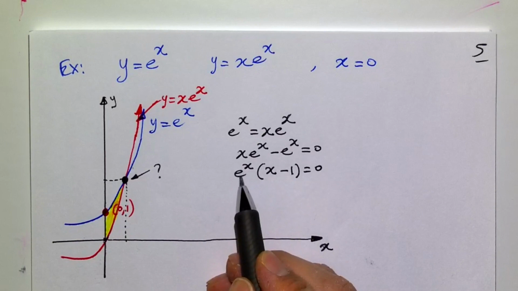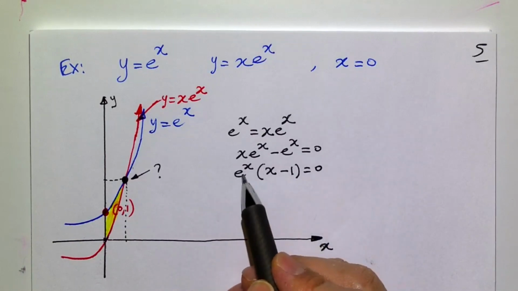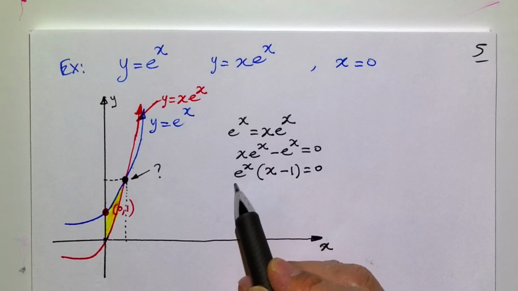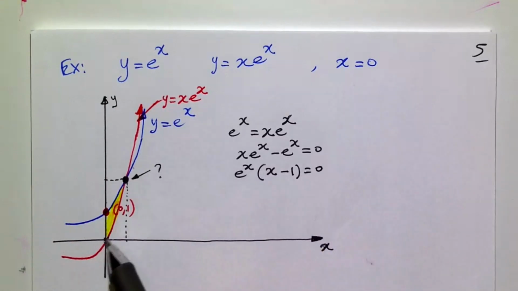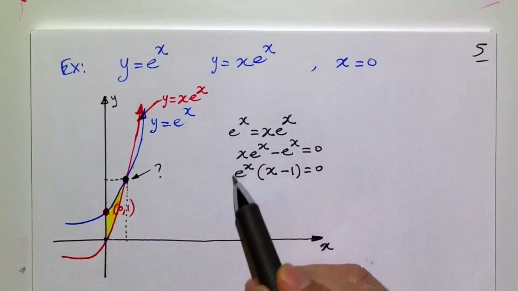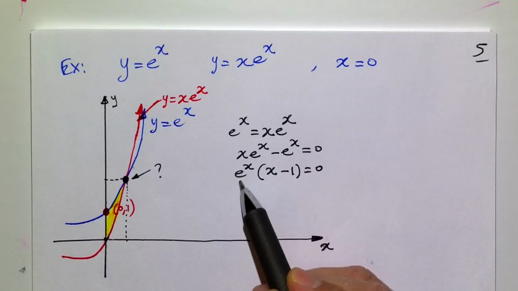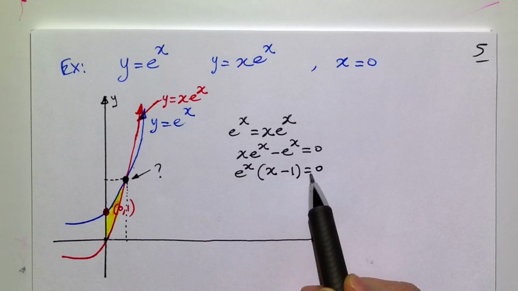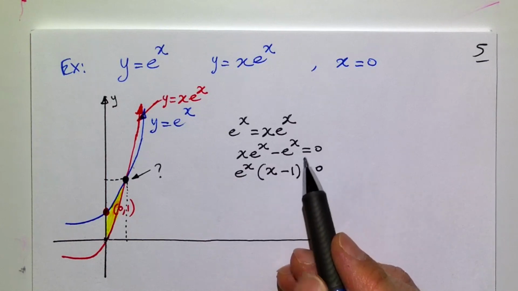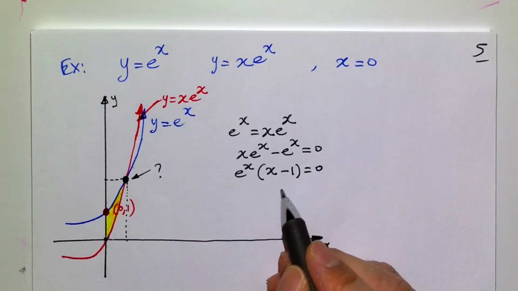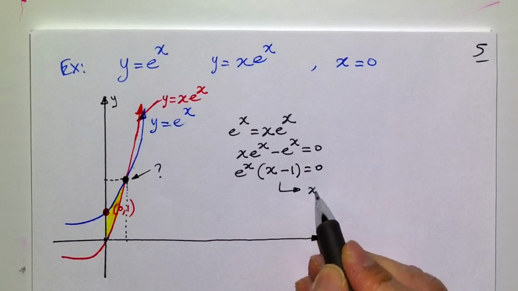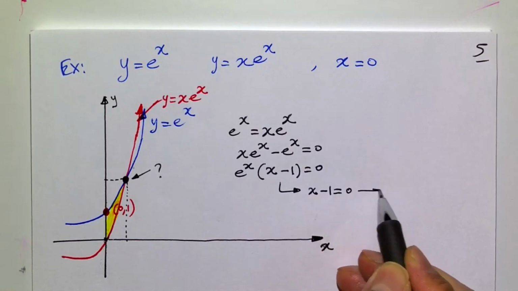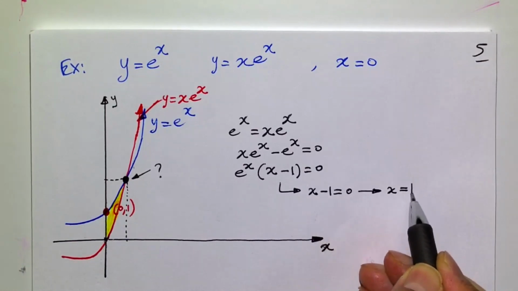Now, this factor, for negative values of x, it'll be very small, but it's never going to be 0, so e to the x is never 0. So for this equation to be true, this factor has to be 0. From here we say x minus 1 equals 0, so x should be equal to 1.